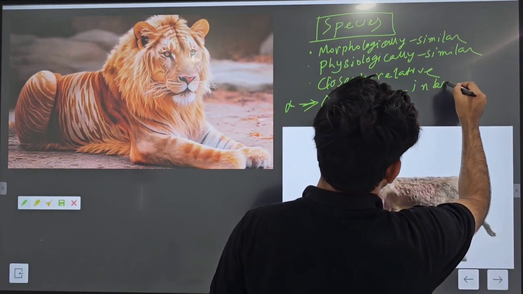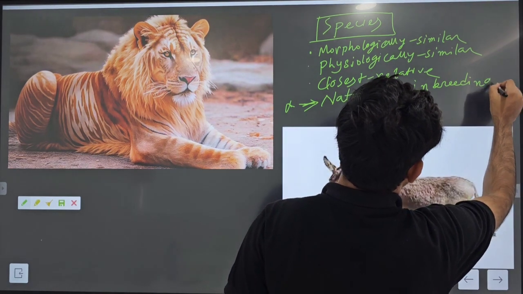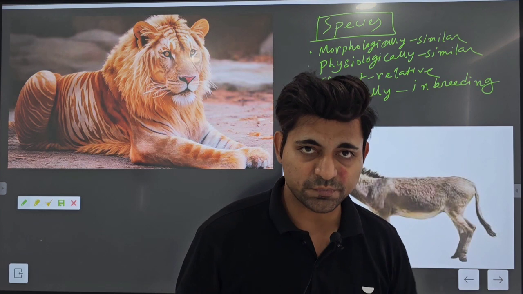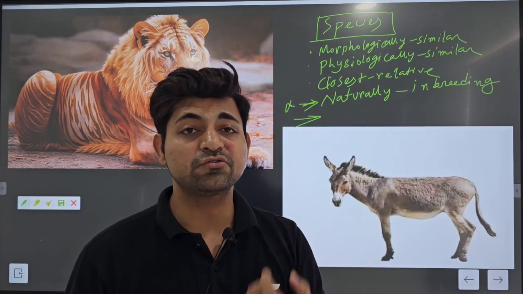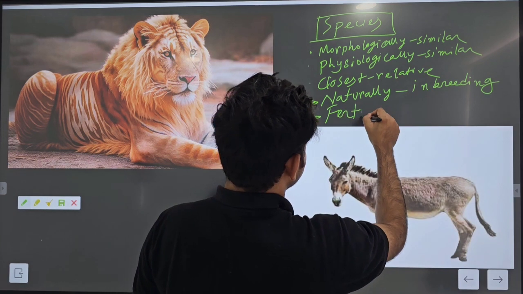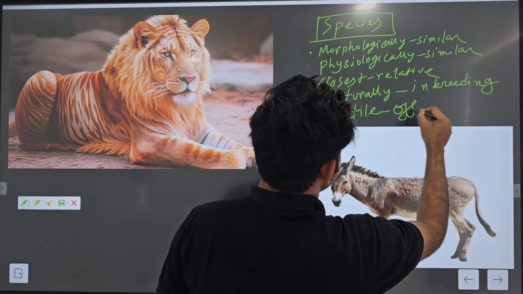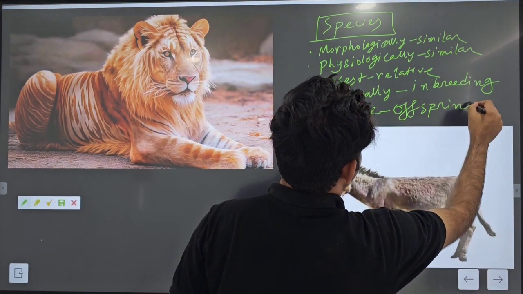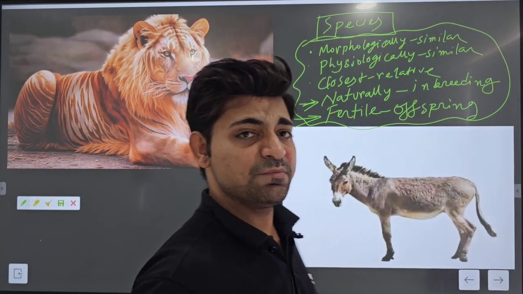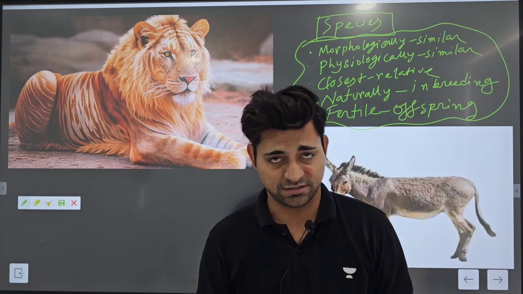After breeding, they will produce offspring, and that offspring should be fertile. Then only can you call this similar looking group of organisms a species.